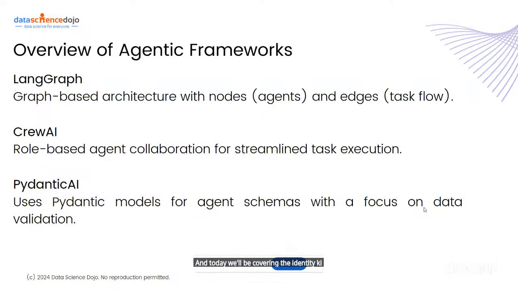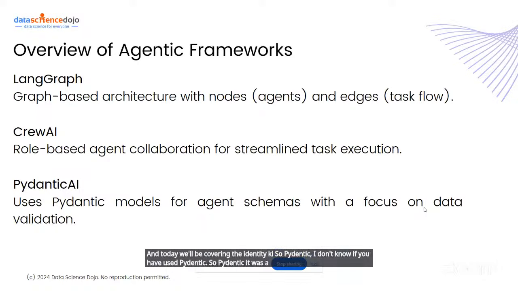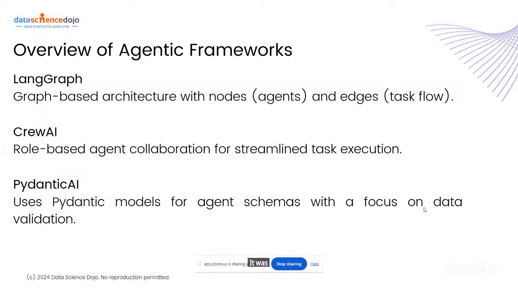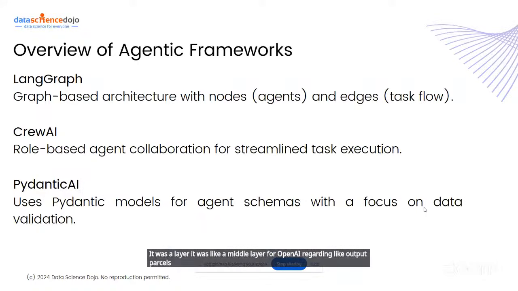I don't know if you have used Pydantic. Pydantic is a framework that has been used for the validation part in Python. FastAPI is using it. It was a middle layer for OpenAI regarding output parsers when we wanted a specific output. To validate your structure, your schema, we were using Pydantic, and Pydantic was being used even in LangChain and different frameworks.